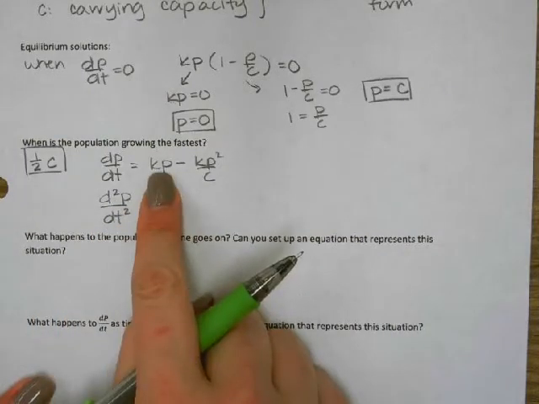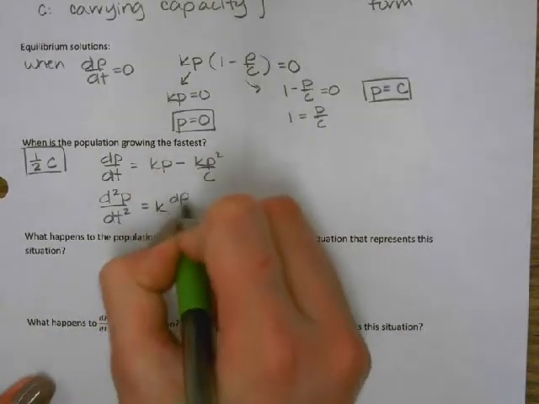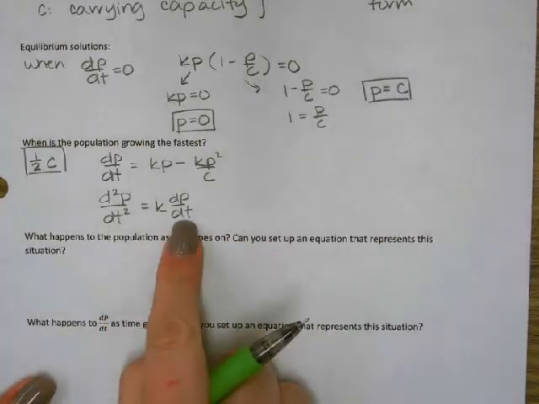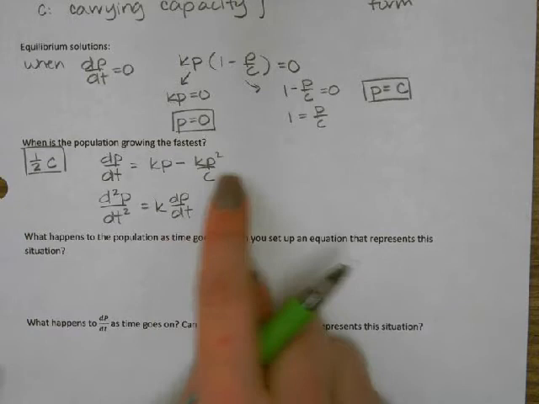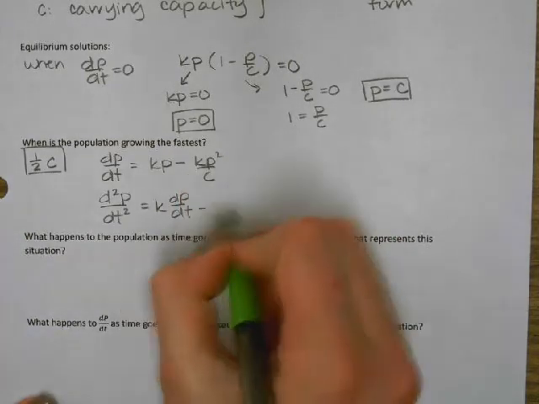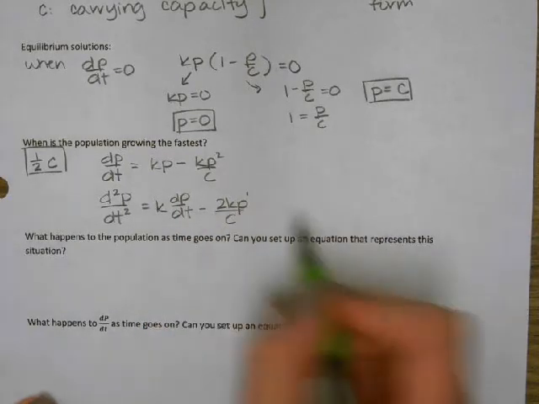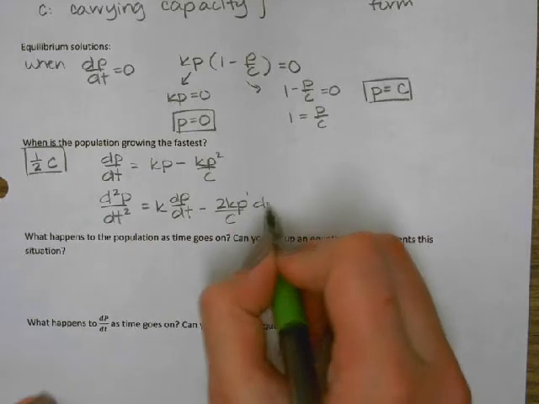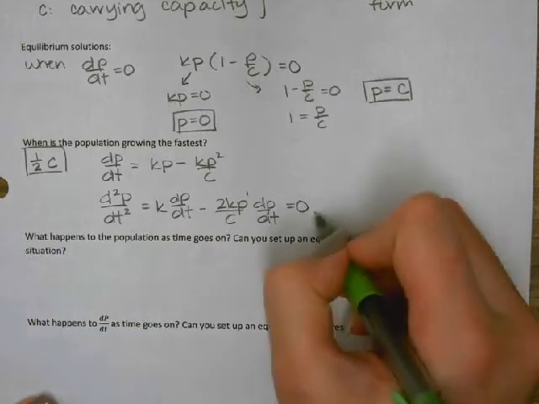The derivative of k times P would just be k times the derivative of P, whatever that is. This is going to remind you of the problems where we had the derivative of y and then wrote a dy/dx in there, if you recall. For this part, we would drop the 2 to the front. So minus 2kP, and that P is now an exponent of 1, divided by C. And then the derivative of P is dP/dt. And we would know that that would equal 0.